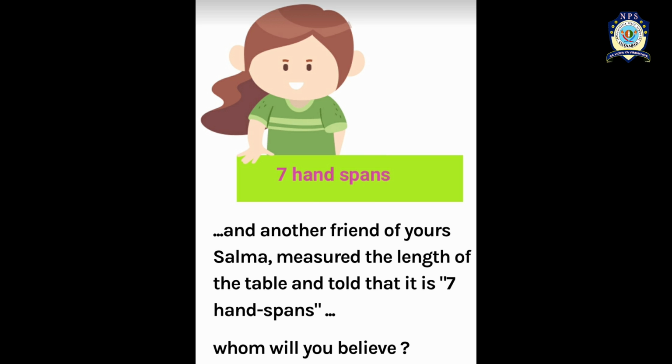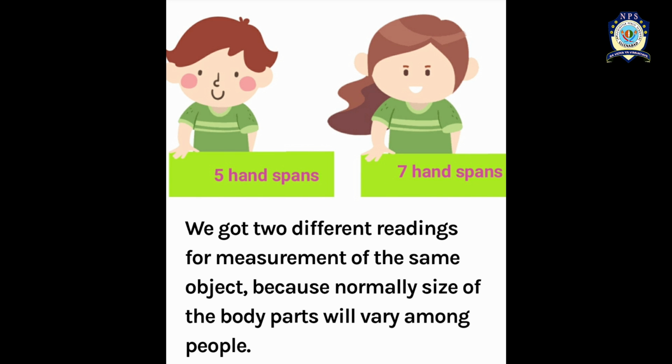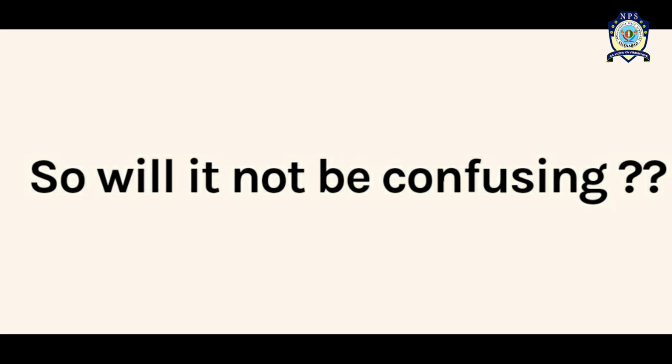Because here both are giving different readings, so it's very challenging to believe. So we got two different readings for measurement of the same object, because normally the size of body parts varies among people. So I think it will be a confusing situation for you. Will it not be? Really, it will be a confusing situation for you.